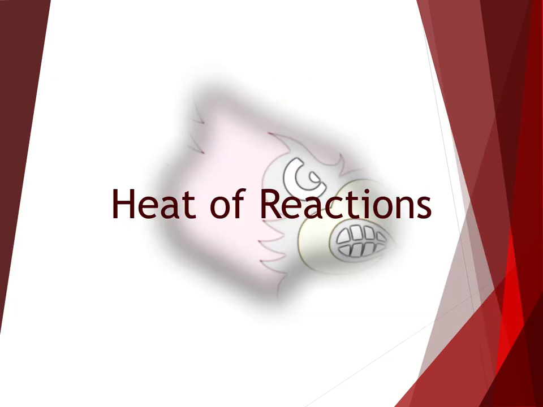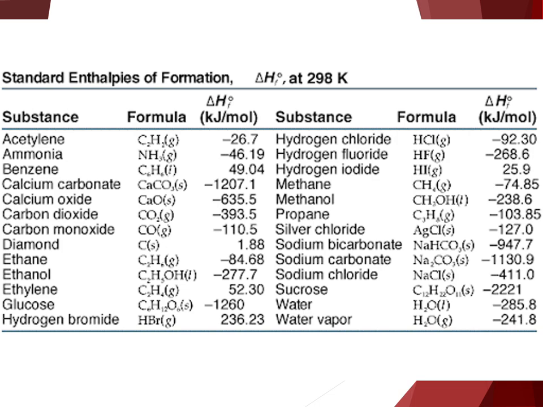Our next main idea, heat of reactions. It is practically impossible to gather data on the enthalpy change of every reaction that exists. There are simply too many reactions, and the change in enthalpy of a reaction is subject to a number of factors, including temperature.